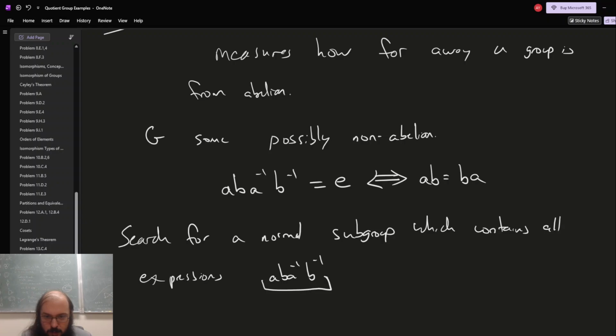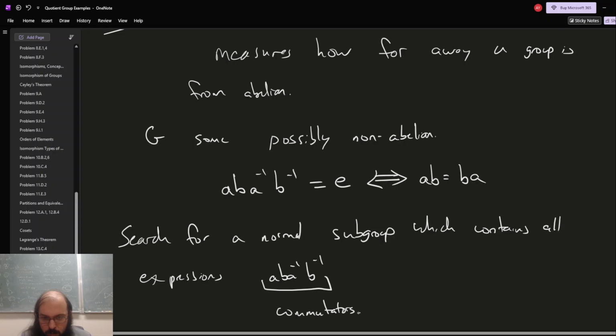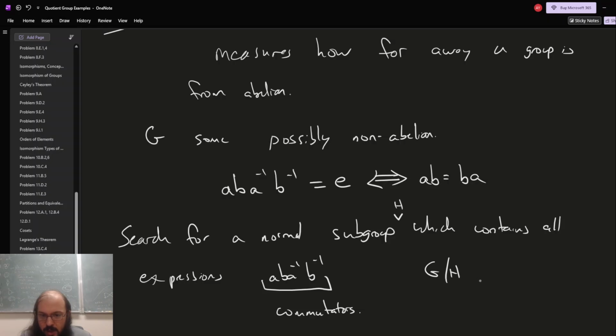And such expressions are called commutators. And then if I had such a normal subgroup, which we could call H, then G mod H sets ABA inverse B inverse equal to E, because the things in here now would live in the coset of the identity because they live inside this group H. So therefore, G mod H would be abelian.